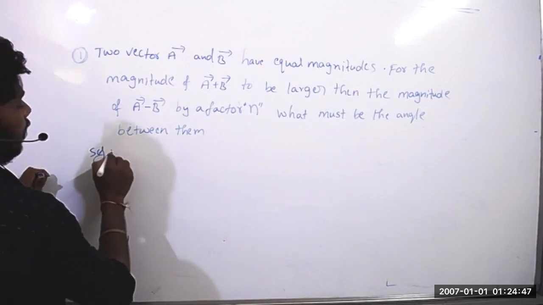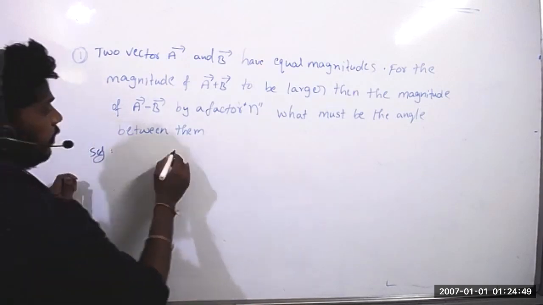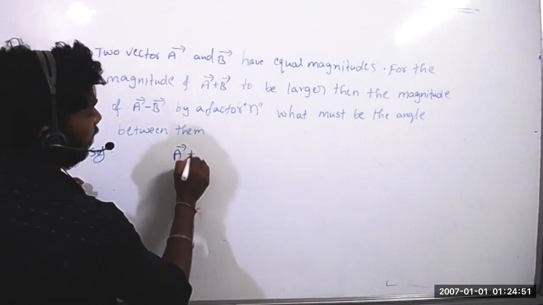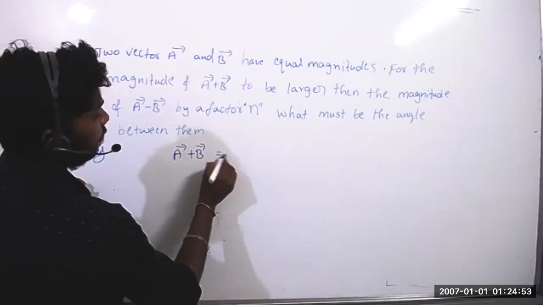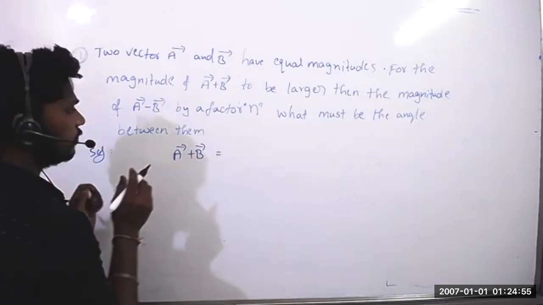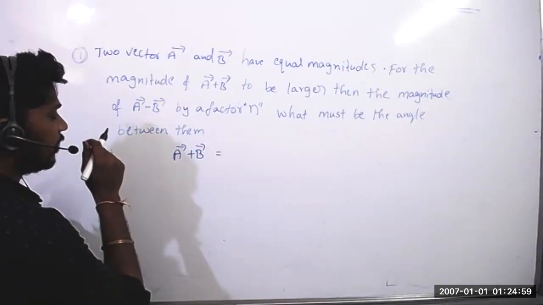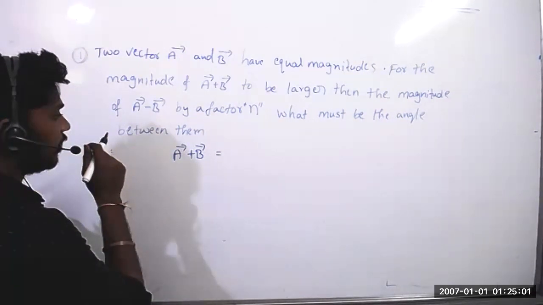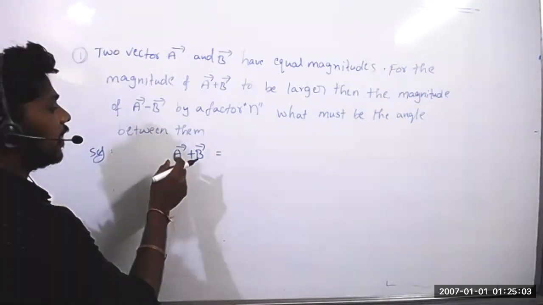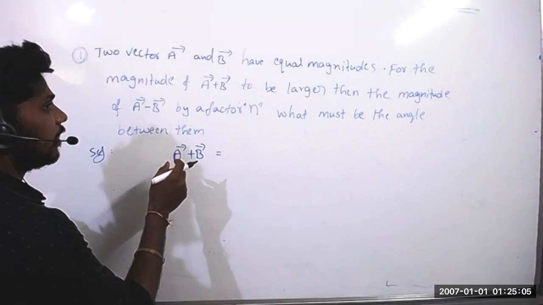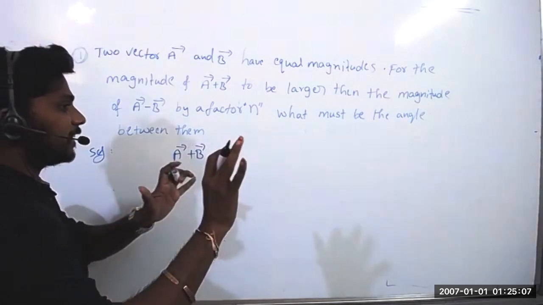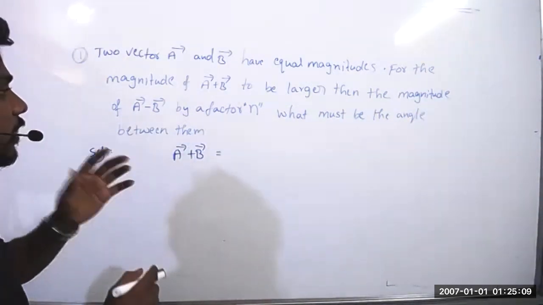Come on. What you took? A bar plus B bar, very good. Slowly. Minus, not equal to, that minus symbol. I came till 2a sin theta by 2 plus n is equal to 2a cos theta by 2. But then I don't know how to proceed after that. Yeah. Come on. Everyone is giving different answers.